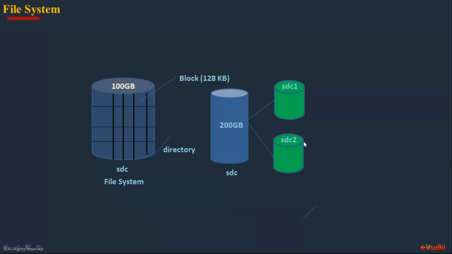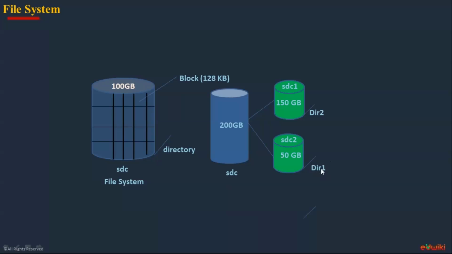Then the partition names will become SDC1, SDC2. If you are making your volume into partitions, then use each partition as a file system. Following me?